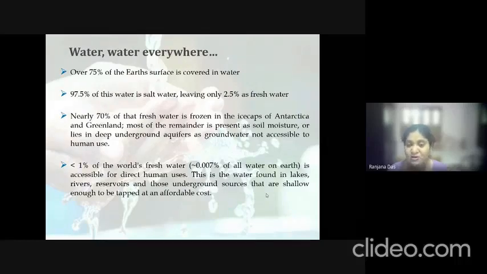Fresh water availability is the requirement in the present days, and the water scarcity that we are talking about all across the globe is mainly the scarcity of fresh water, the potable water and the drinking water.